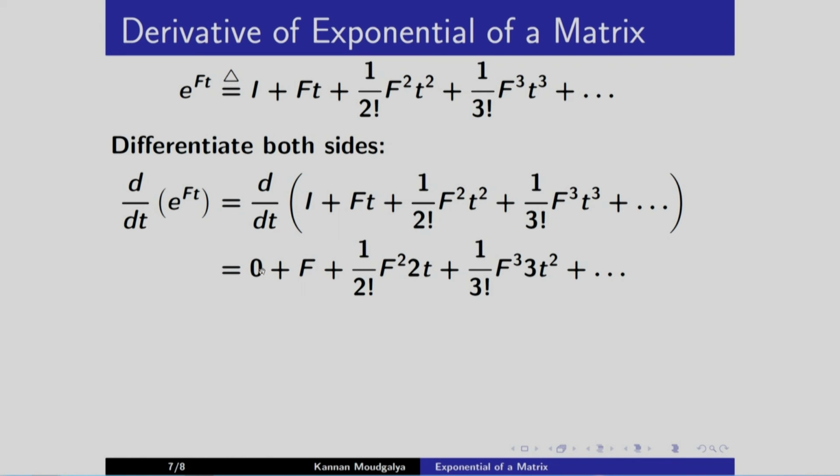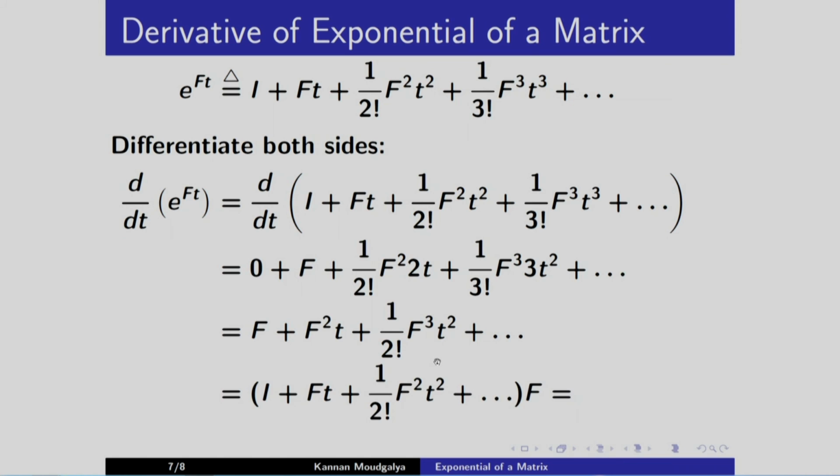So this will be 0, remember f is constant, so derivative of t is 1, so you have f here, this becomes 2t, this becomes 3t squared, and simplifying we get this expression f plus f squared t plus 1 by 2 factorial. Remember this 3 cancels one 3 here, so we get this expression, and f is a common factor for all of them.